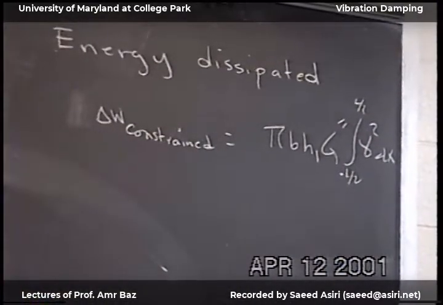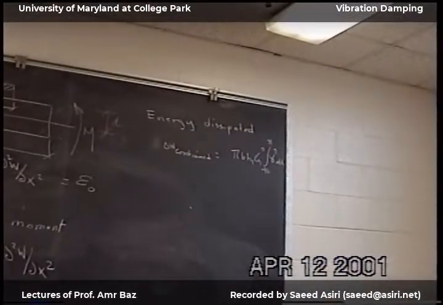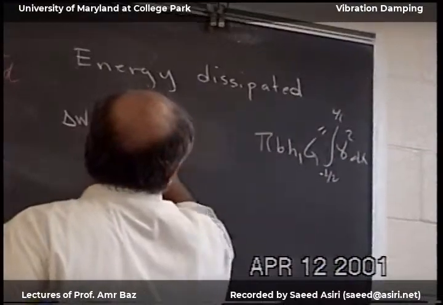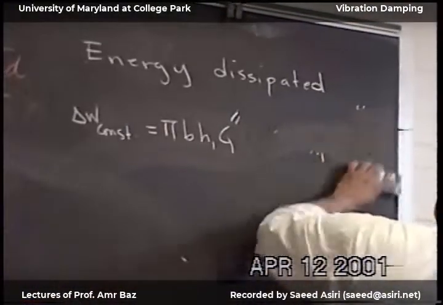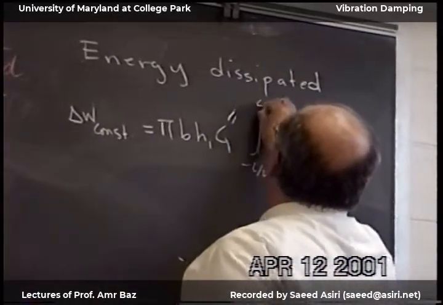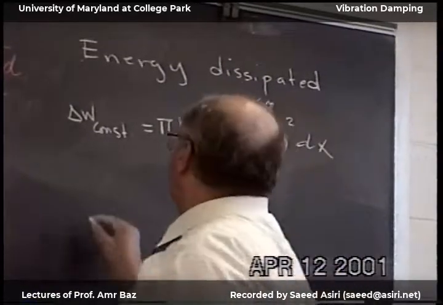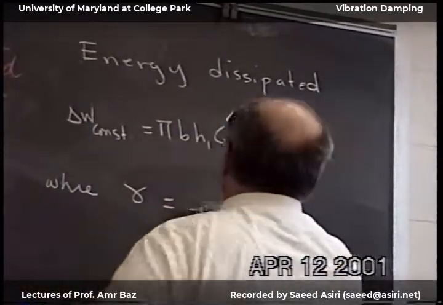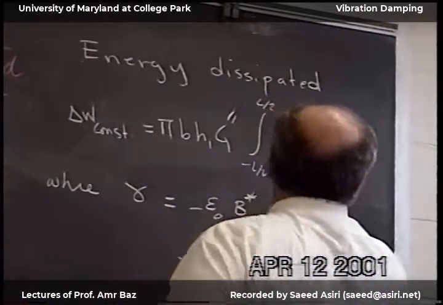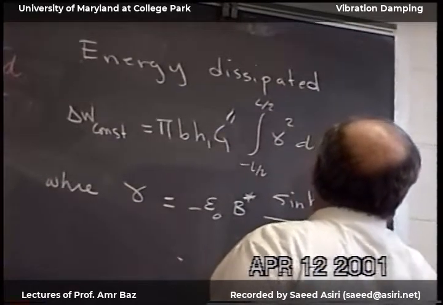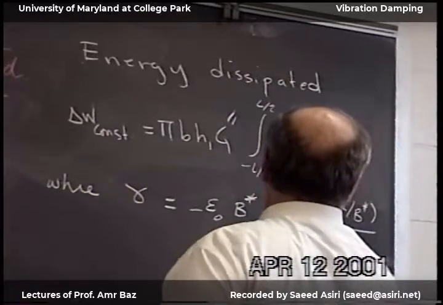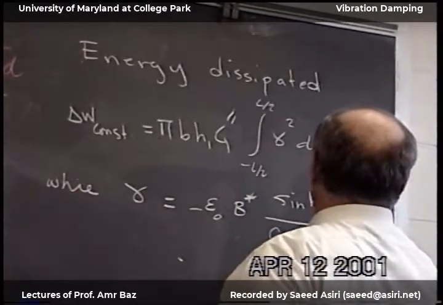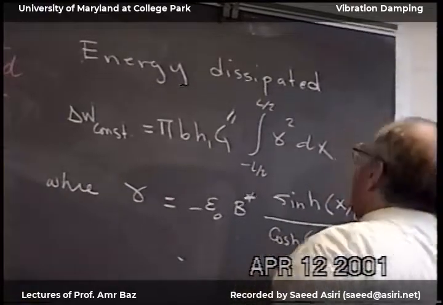And if you remember, gamma was equal to minus epsilon 0 sinh of x over b star, and then cosh of L over b star.